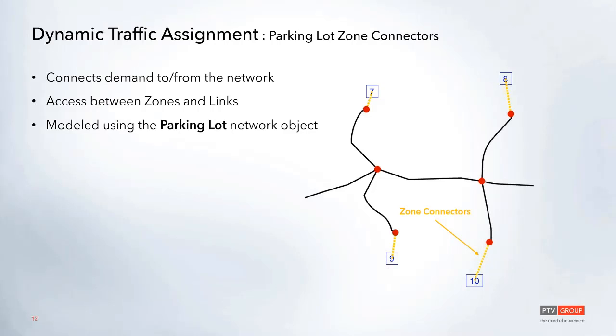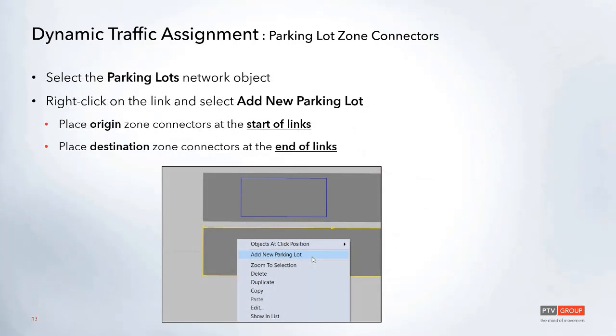All right, so moving on to our next network object, here we're going to talk about parking lots. So parking lots act as a connection between the zone demand and being able to place that demand onto the network.